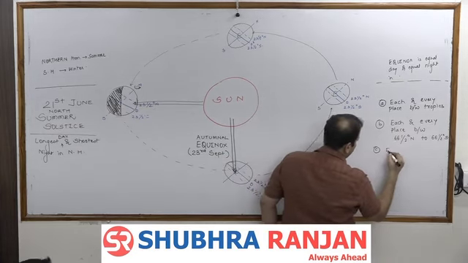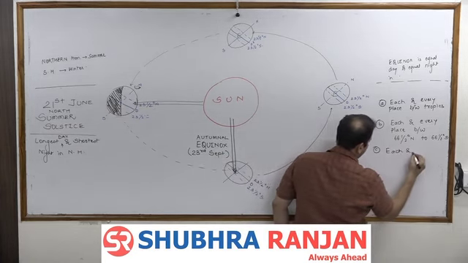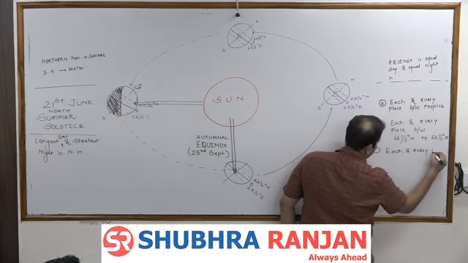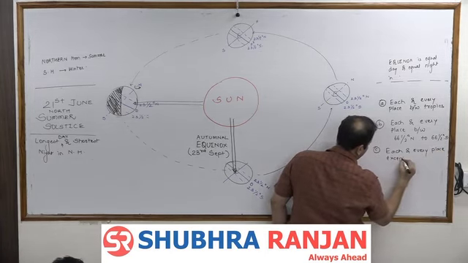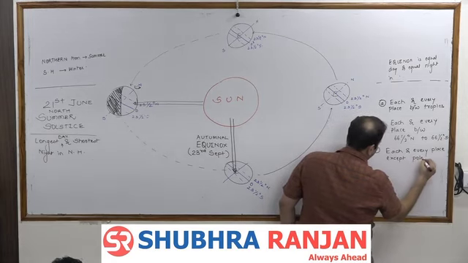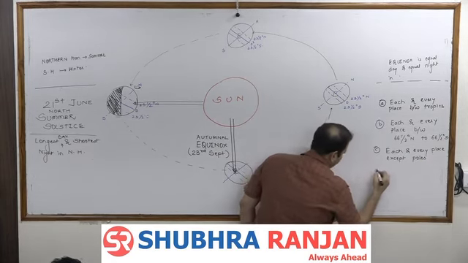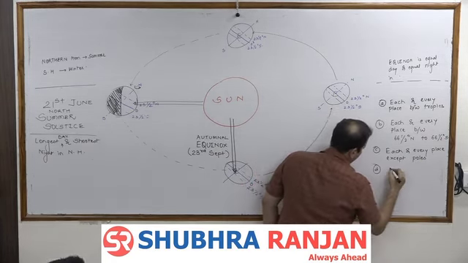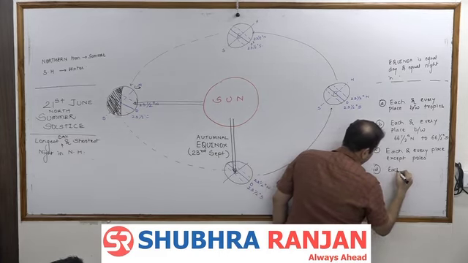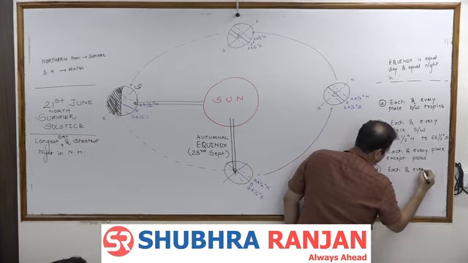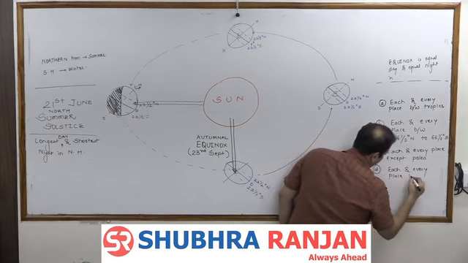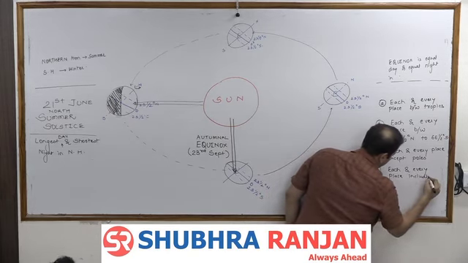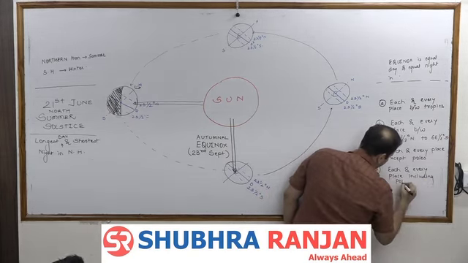C, each and every place except poles, 90 degrees. And D, each and every place. Think a little, including poles.